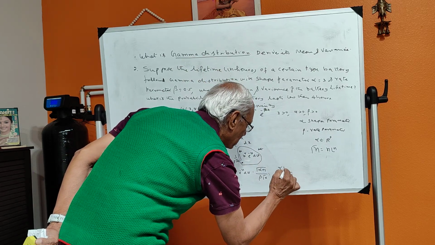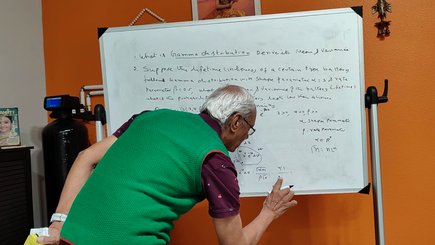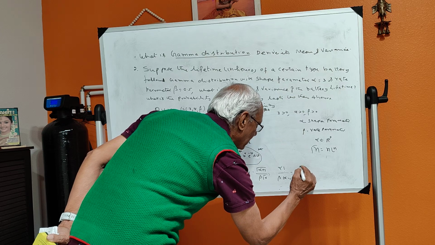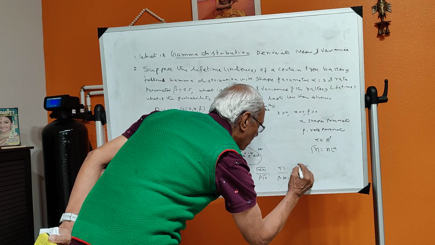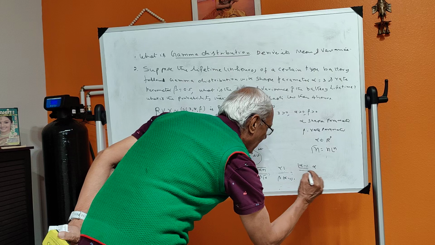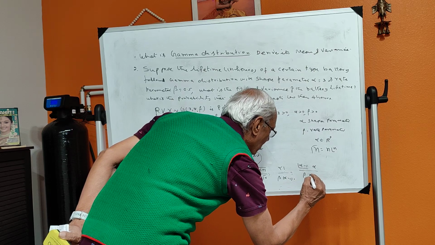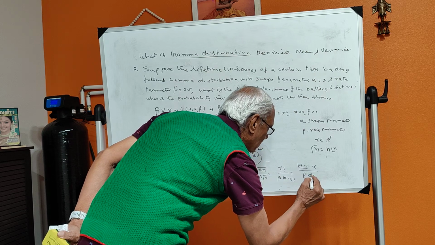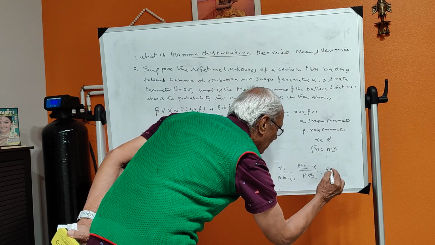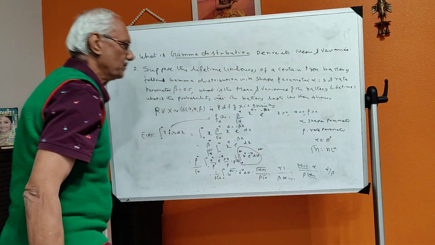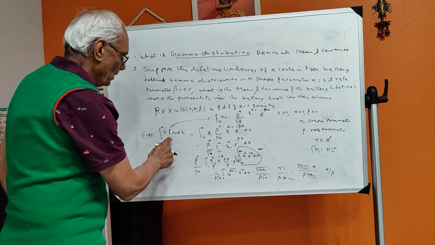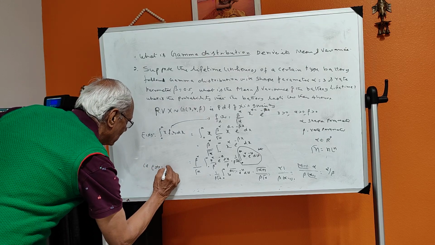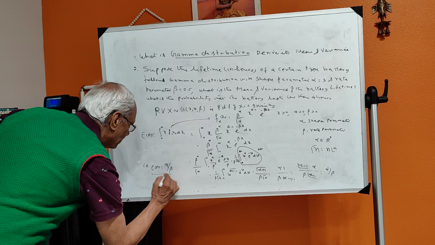You can write this as alpha minus 1 factorial into alpha divided by beta into alpha minus 1 factorial. So these two will give me alpha by beta. So E of x is equal to alpha by beta.